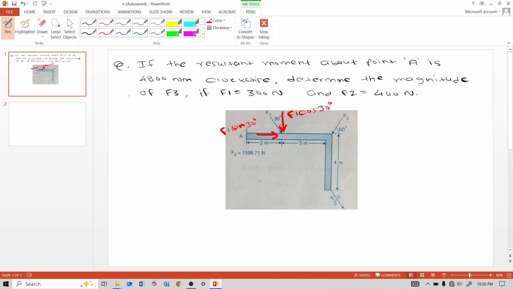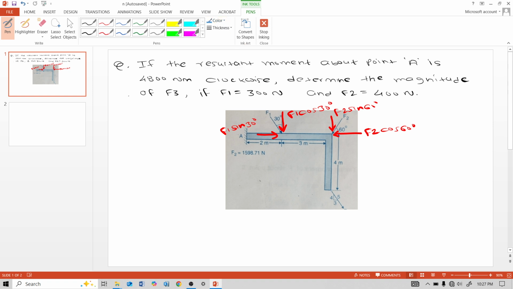Now this F2 force will be resolved like this, 60 degree here, that's why F2 cos 60 degree, and here F2 sin 60 degree.